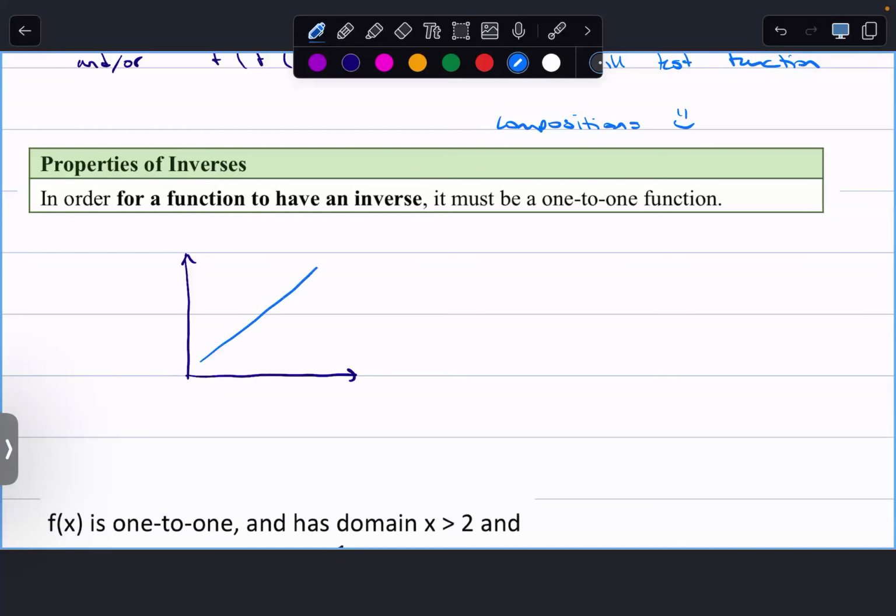Let's start with a nice, easy, just a linear function. Right? It has to be a function. Right? And so the vertical line test says it's a function. And then the horizontal line test, HLT, says it's one-to-one.